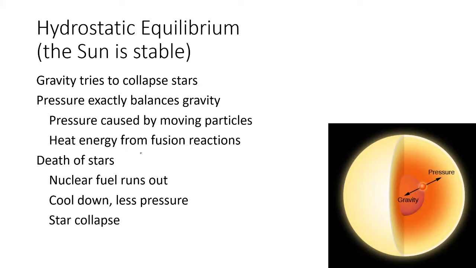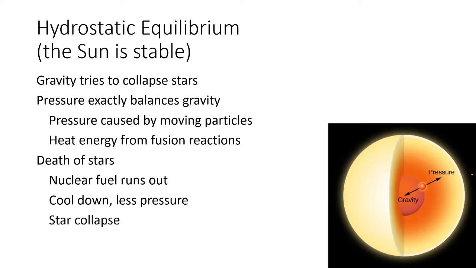The sun is stable, and it's what's called hydrostatic equilibrium. Now, by the term hydrostatic, you might think it has something to do with water. It doesn't. There's 2 forces fighting in the star constantly. One is gravity. Gravity wants to compress the star.